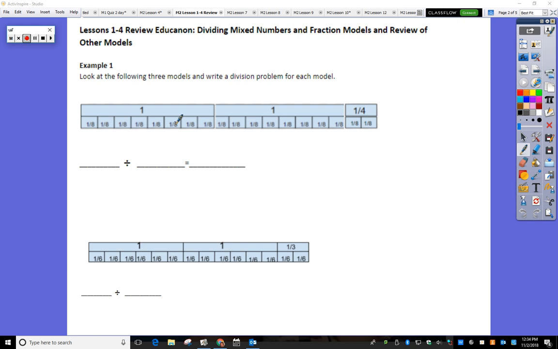If we look at the first problem, this is showing me the original number that I have. So if you'll see, I have 1 and then another 1, so that's 2 whole, and then 1/4. So this is 2 and 1/4.